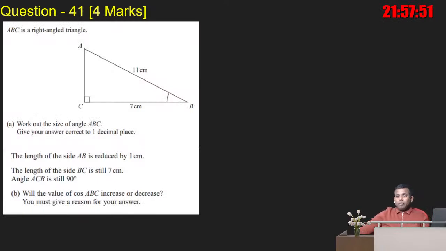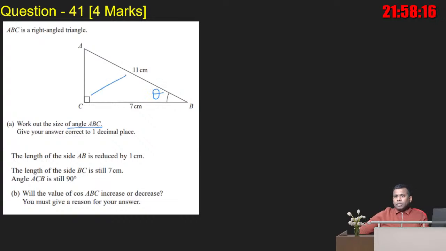Question number 41. This question confuses us, as the wording of the question is a little bit difficult. Read the question and work out the size of the angle ABC. So this is the theta we are talking about.